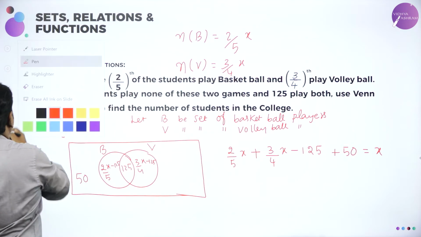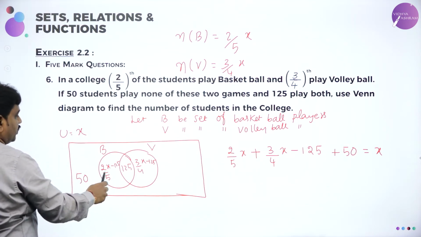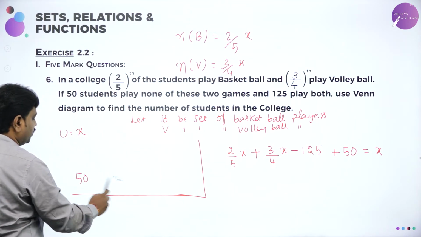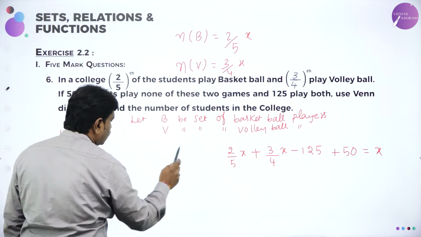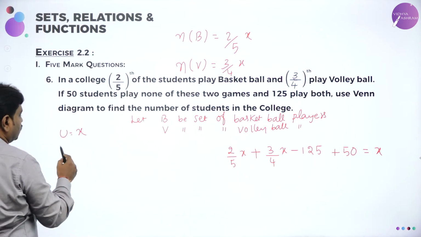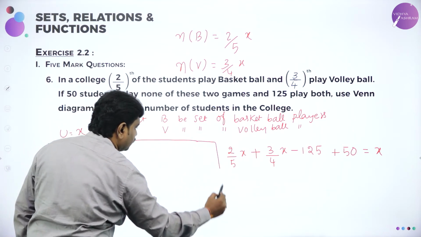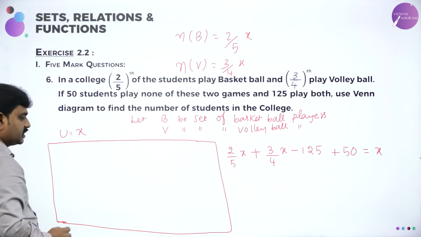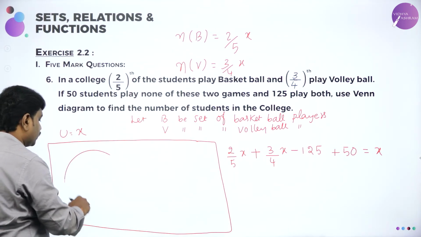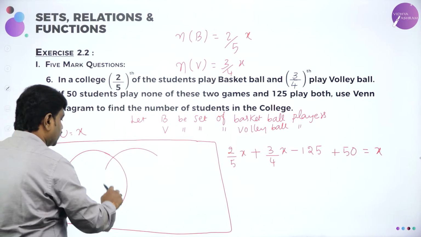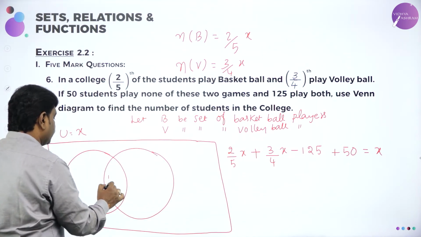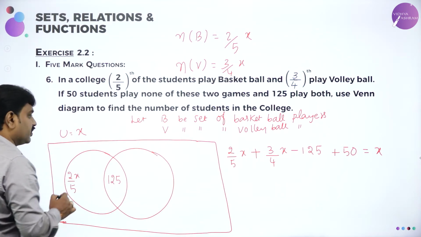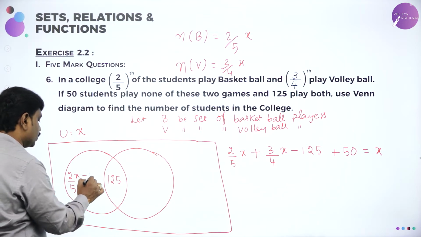Okay, so now we can do a big diagram. So the Venn diagram, I'll make it bigger so that it will be visible for you. So now observe, I will take a big Venn diagram. I told you, if you want to draw a Venn diagram, first you should represent the universal set by a rectangle, then you should take one big set, then another big set, here 125 is both, and this is 2/5 of X, 2/5 X minus 125, because already you filled.